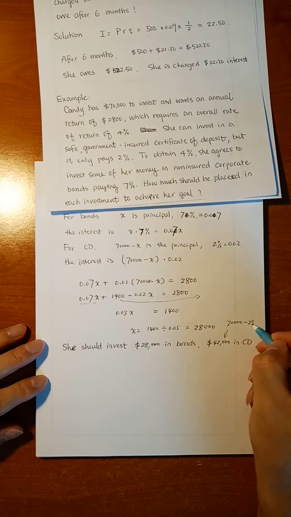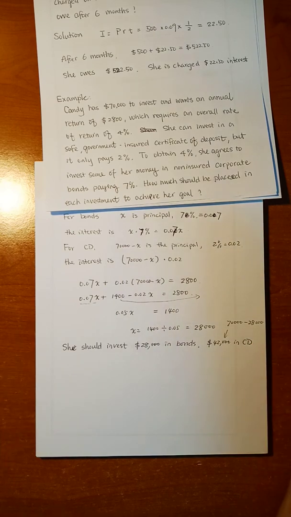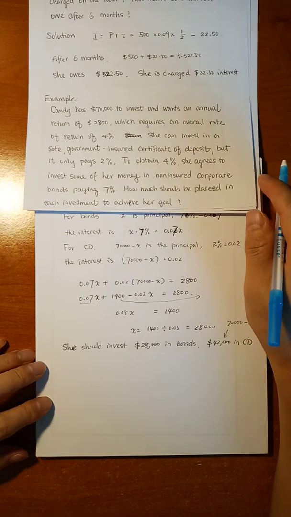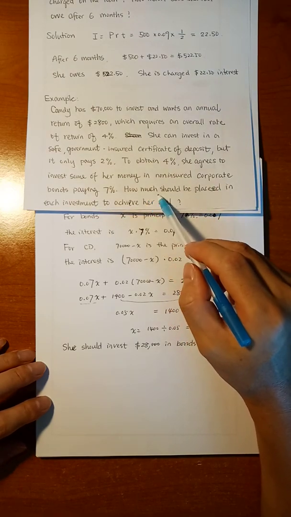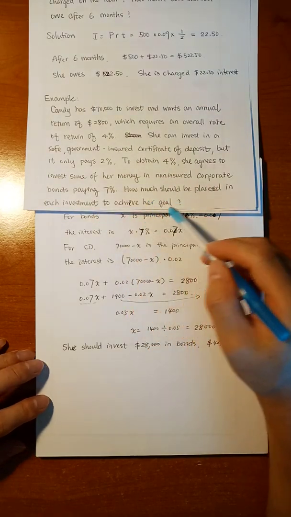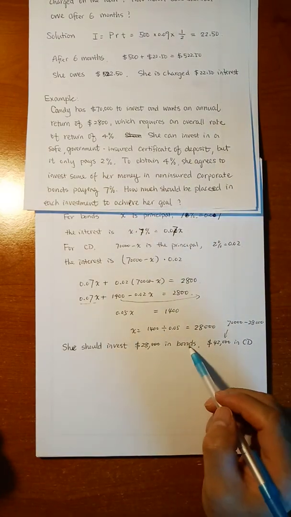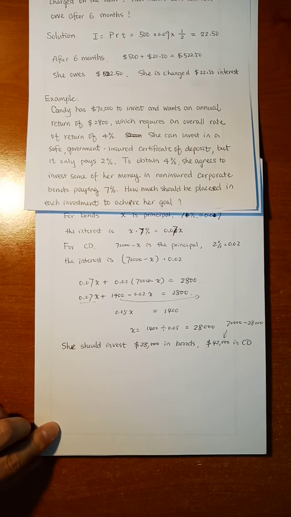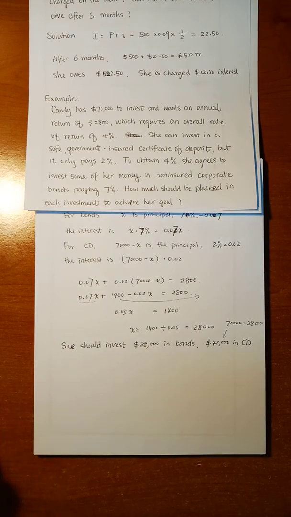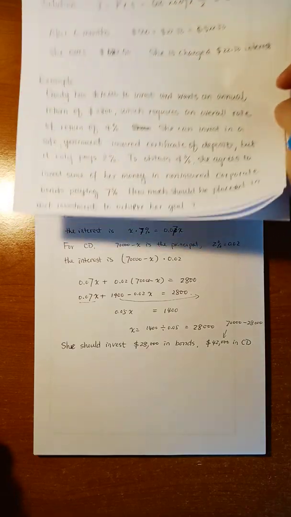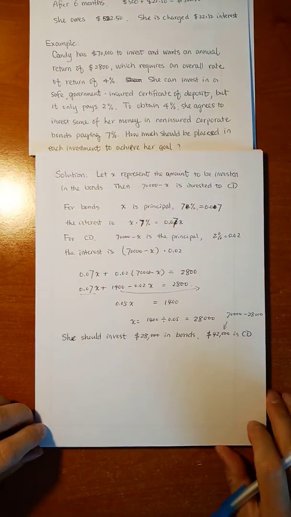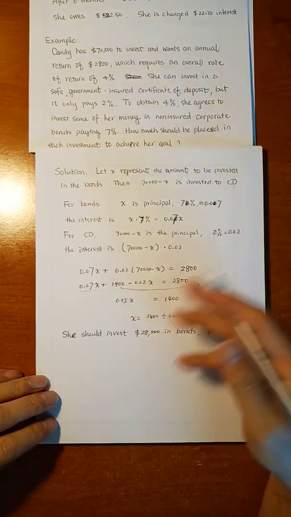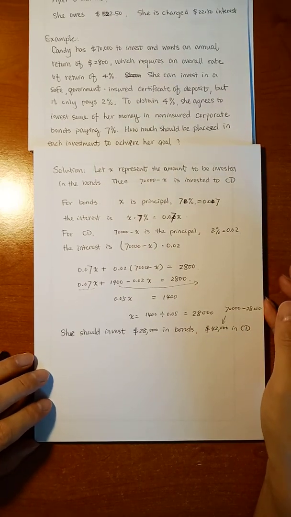Okay, so this answers the question. The question says how much should be placed in each investment. So this amount of money is placed in the bond, and this amount of money is placed in the CD. So that's the investment problem.